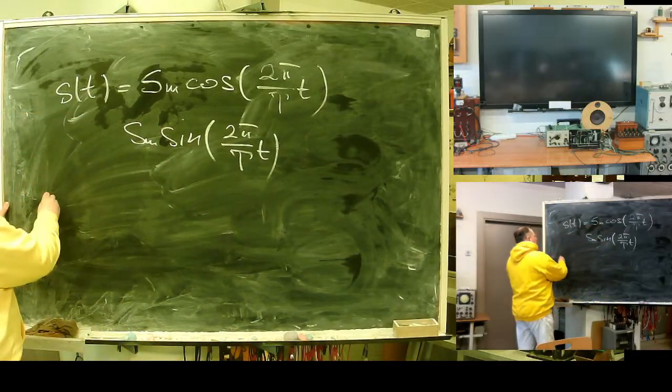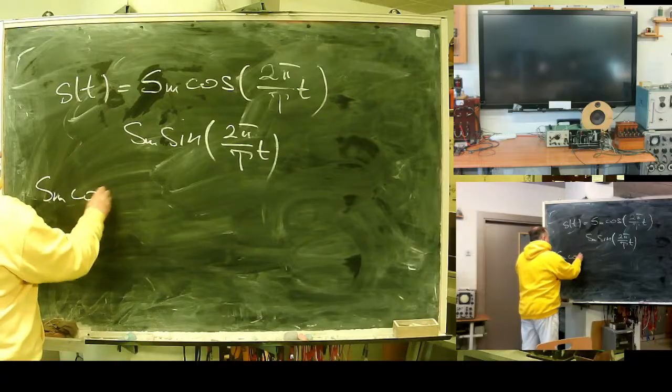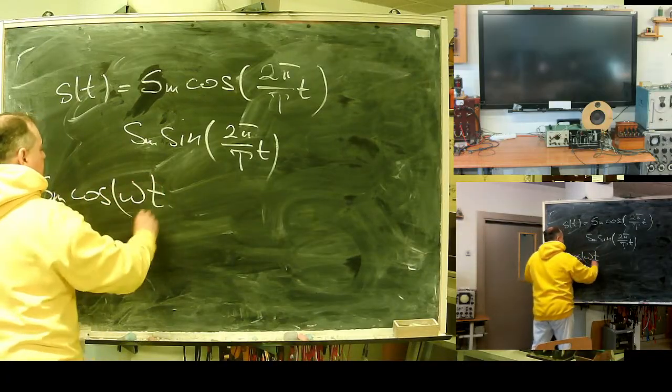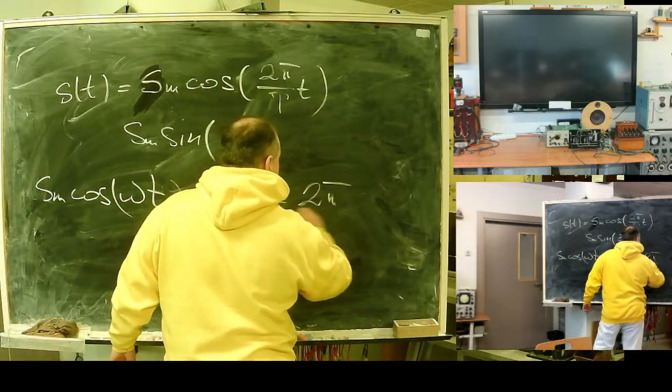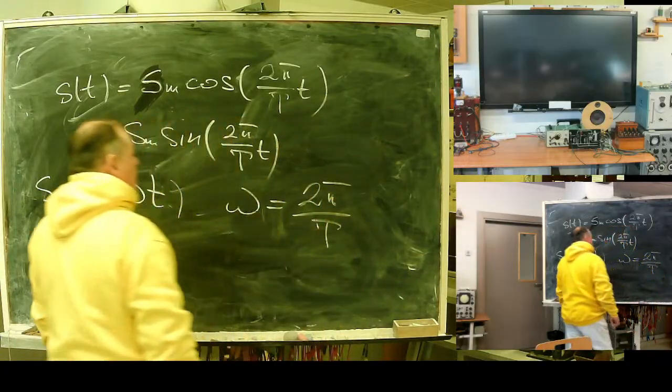I can write S max cosine omega t, where omega, the angular frequency, is 2 pi divided by the period.